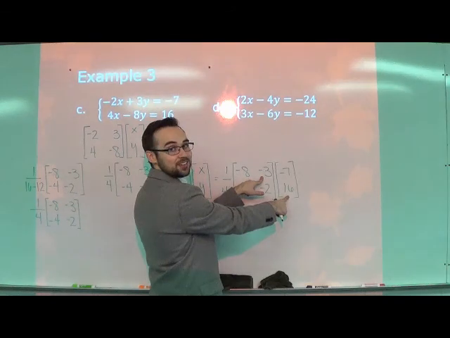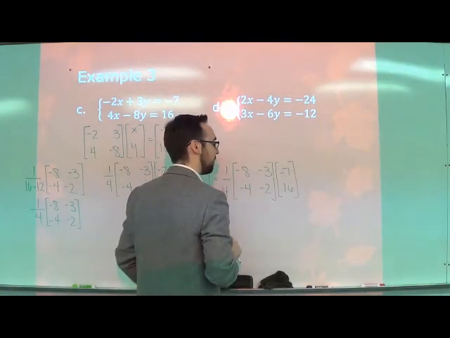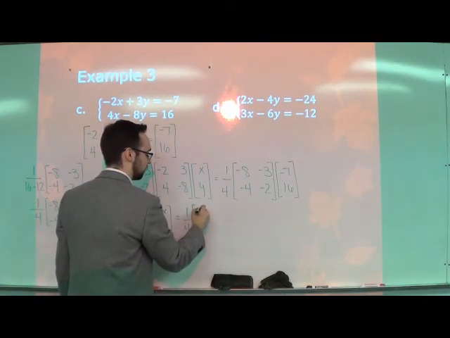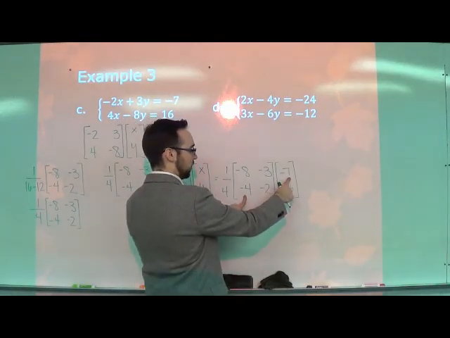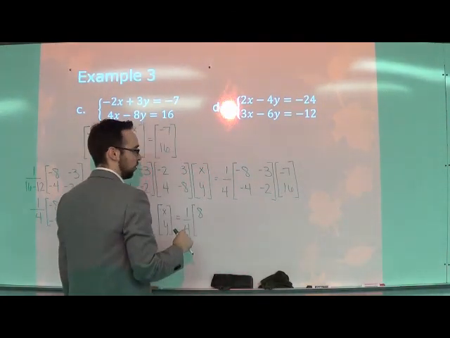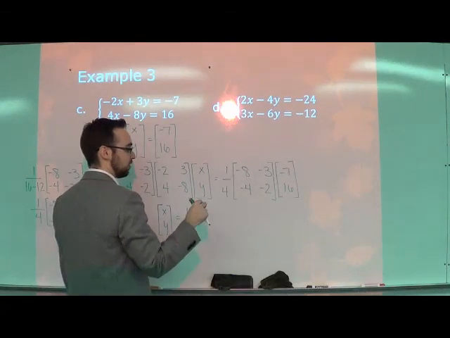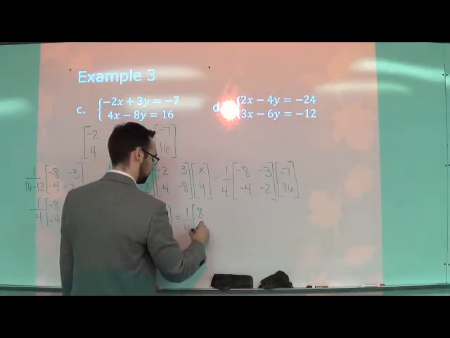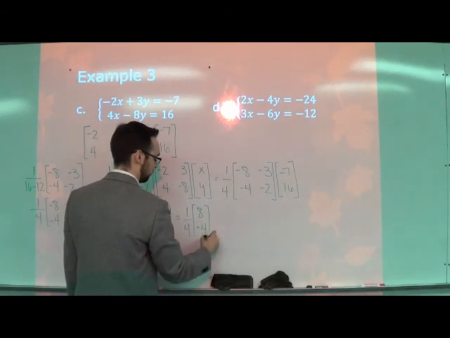Negative 48, positive 56 minus 48 is 8. Then we have positive 28 minus 32, 28 minus 32 is a negative 4.